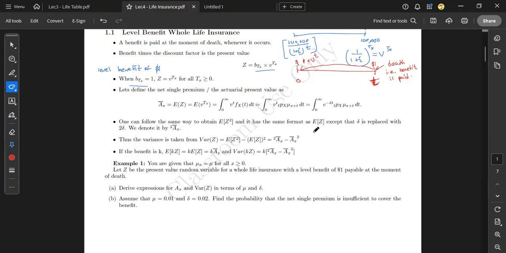Now there's a problem in our mind. If I purchase a whole life insurance, then I have to take care of this customer for the entire lifetime of that customer. That means there will be a definite benefit payment in future.